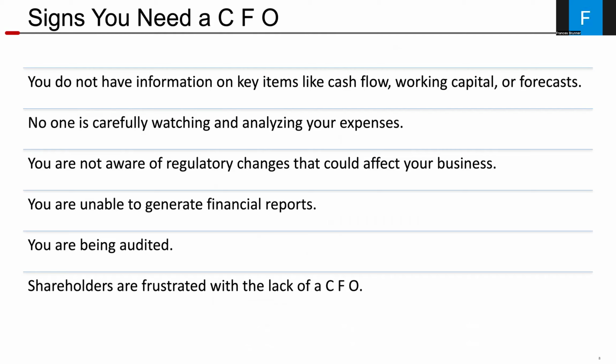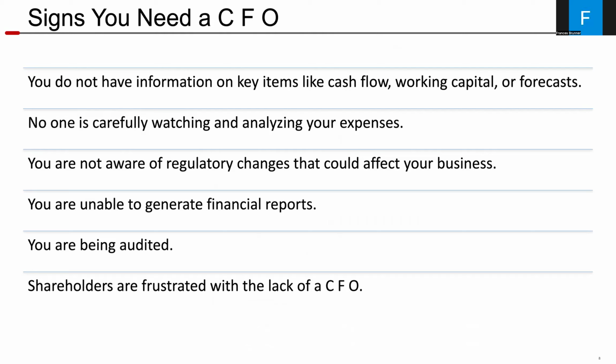You might have to have someone dedicated not only to creating the forecast, but identifying how they contribute to the mission and goals of the company. You need to have an individual watching and analyzing expenses. This doesn't just include short-term or just long-term expenses, but perhaps purchases of assets that will allow the company to grow over the long term.